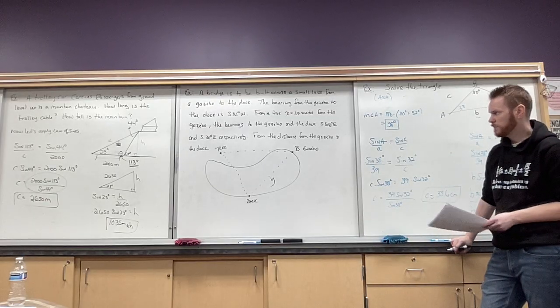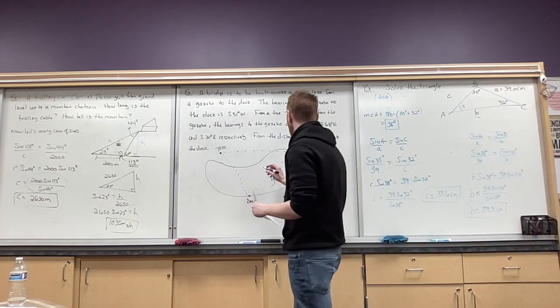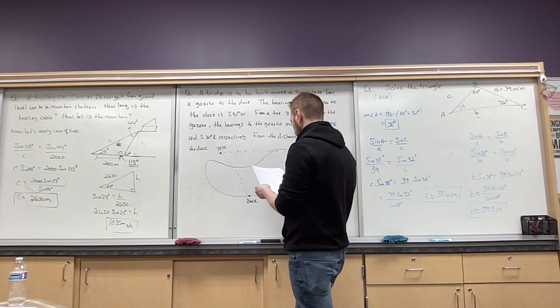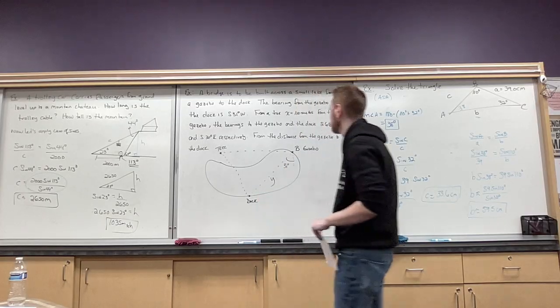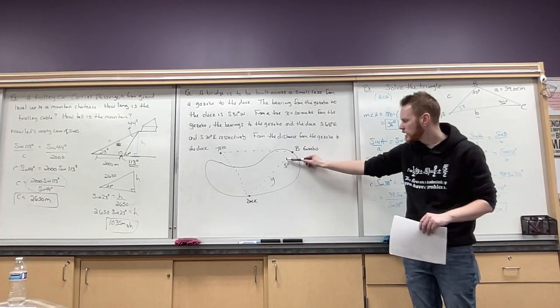Now, they did give me some angles, so let's draw those in. From the gazebo to the dock, you're going south 31 degrees west. So this would be 31 degrees. If I were to create my north, south, east, west lines, that's where I'm heading.